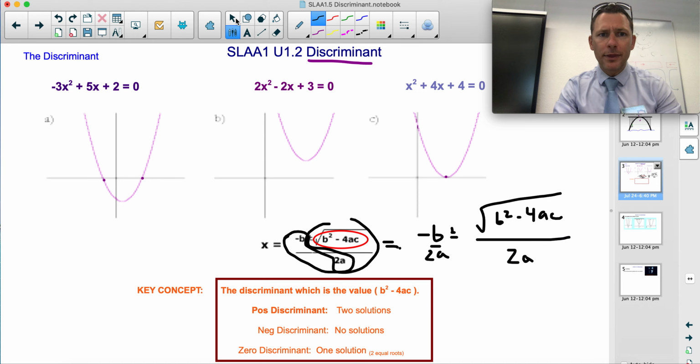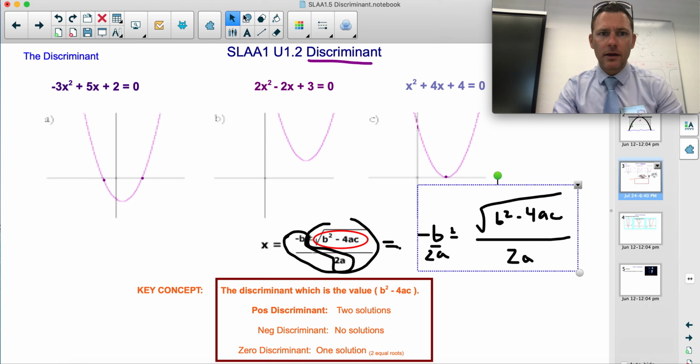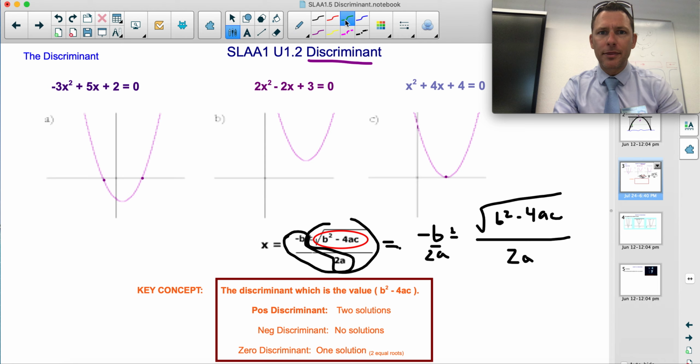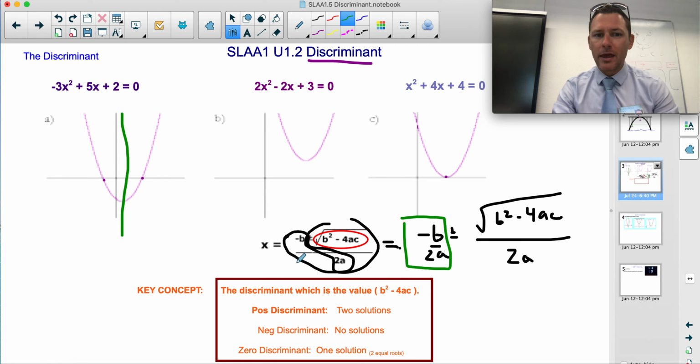So, if you think about it, and I hope you do, this piece, I think you've seen this before, is the axis of symmetry. So this tells you where the middle is. And to find the X intercepts, you start at the middle and you go positively one way for a little distance.